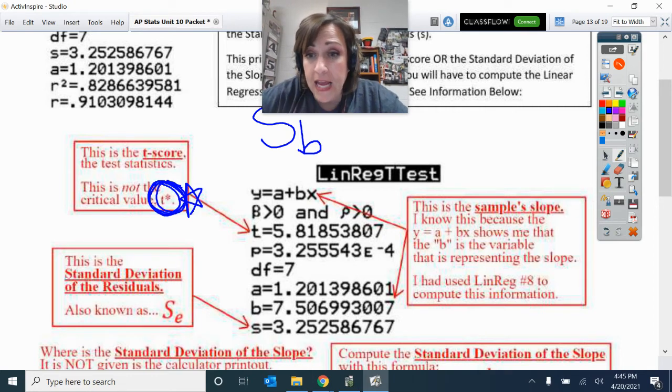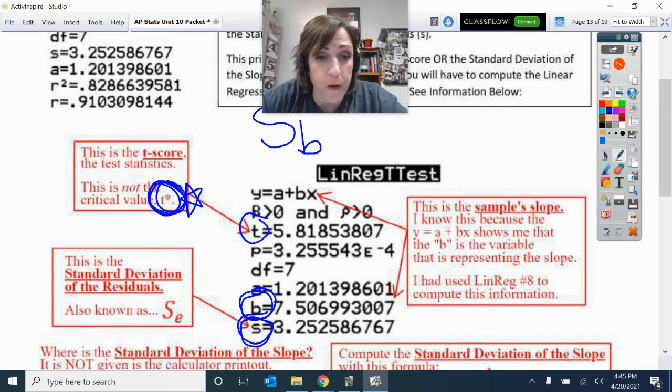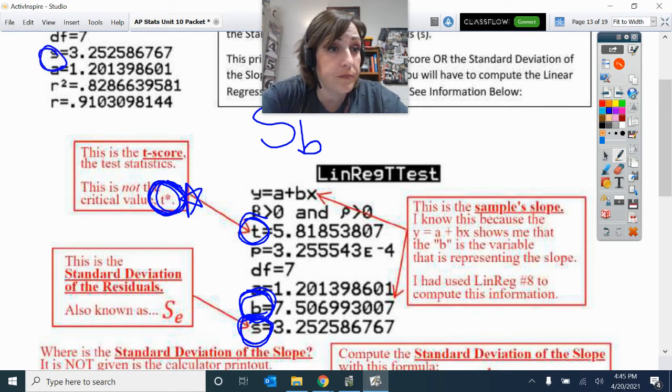And then it does tell me the sample's slope, the b value, and the standard deviation of the residuals, that S there. So there are those same things: the t score, which we didn't have before, the sample slope, and the standard deviation of the residuals that we saw up here.